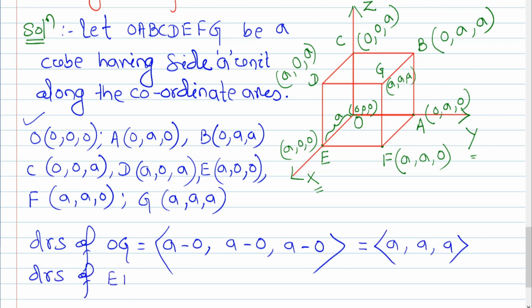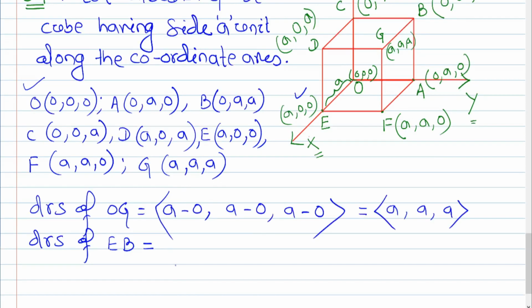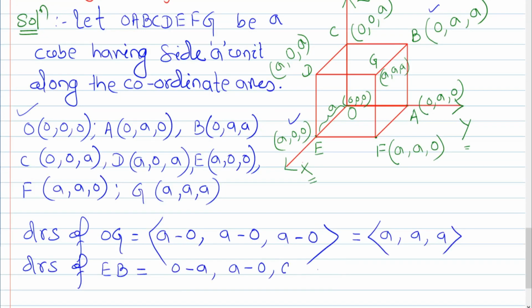You see, DRs of EB is 0 minus A, A minus 0, and A minus 0. Okay, so the DRs are minus A, A, A.